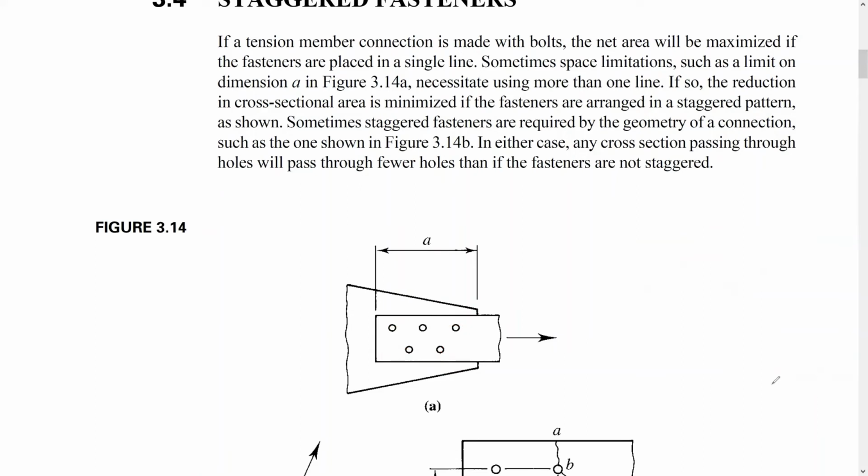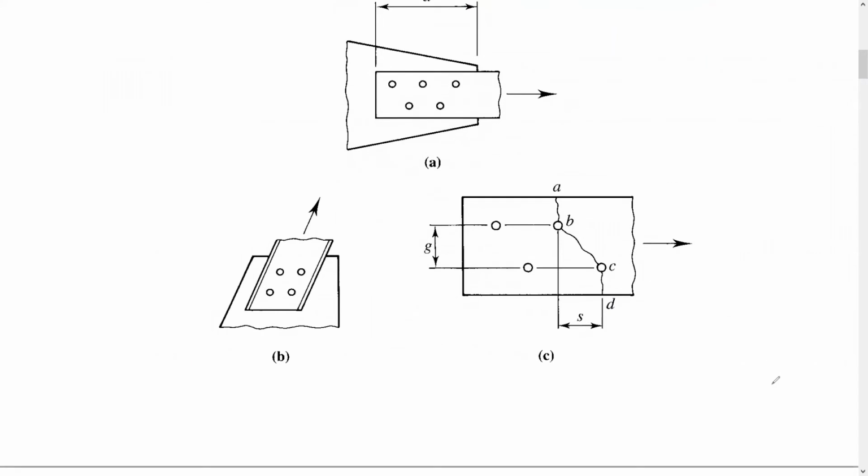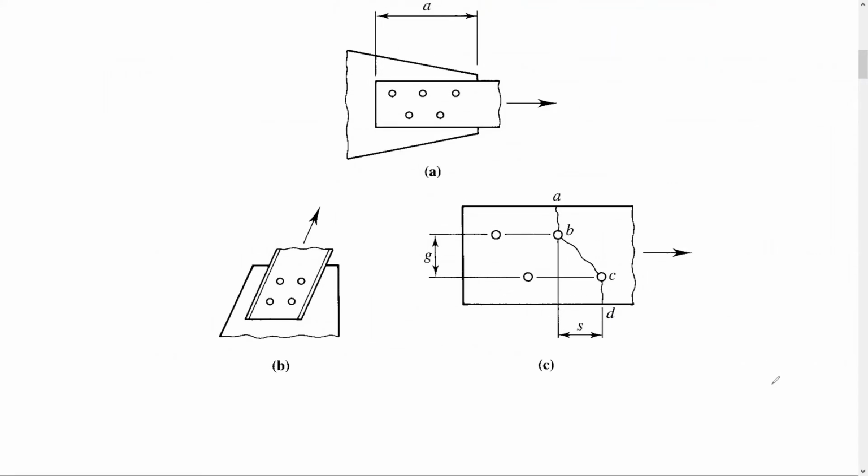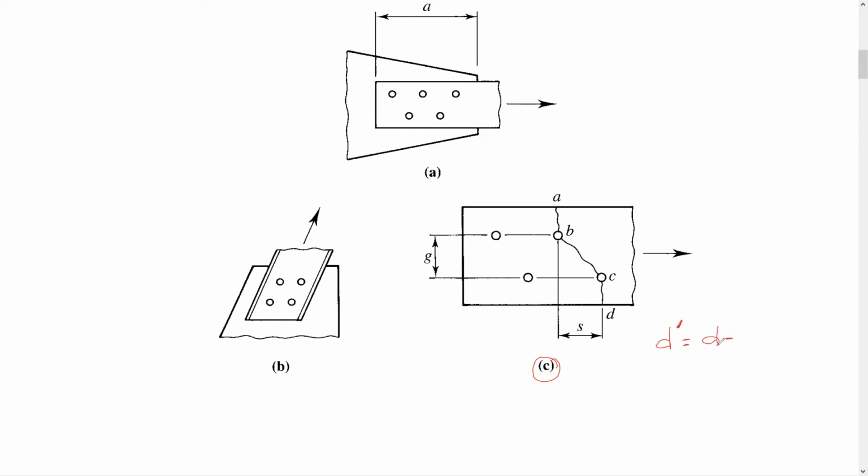Let's assume we have this line of bolting here, the one at C. So if you see, this is path A, B, C, D. The reduced diameter for holes here is going to be very easy later. d prime is the hole diameter, which is the original one, d, minus s squared divided by 4g.